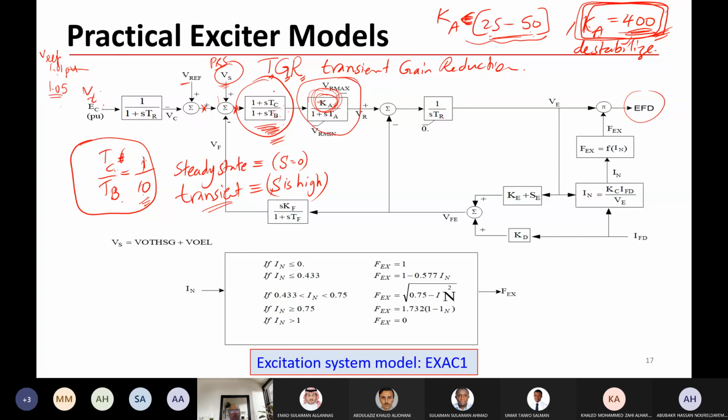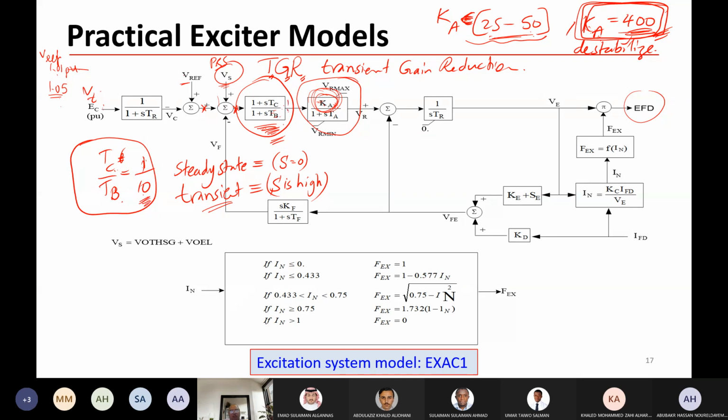So let us introduce this block to reduce this Ka during the transient. When we have a transient, this one can be approximated or eliminated. This is very high. So this block will produce a gain of 1 over 10.